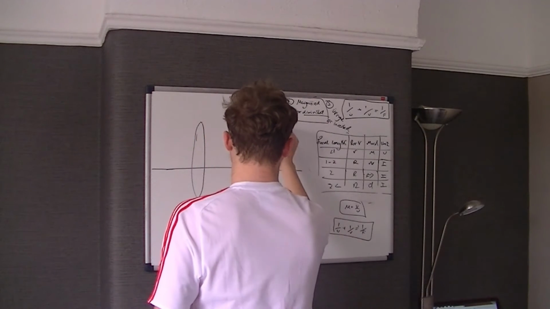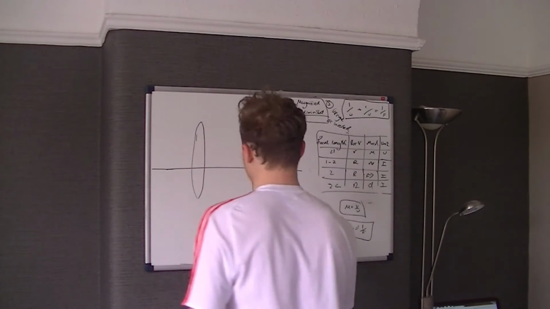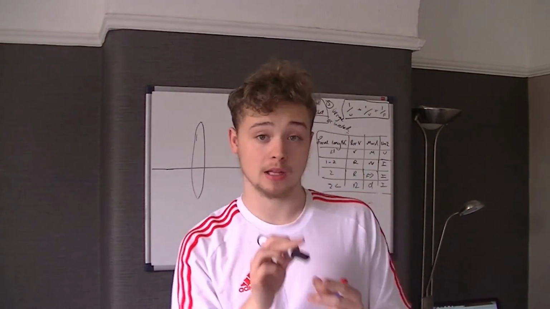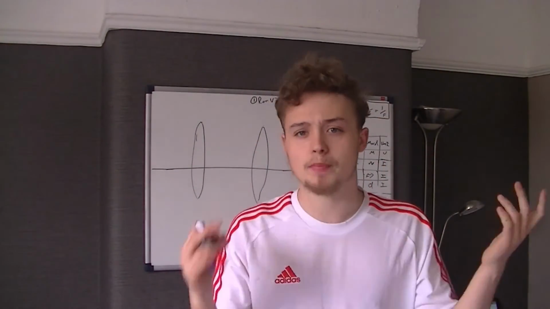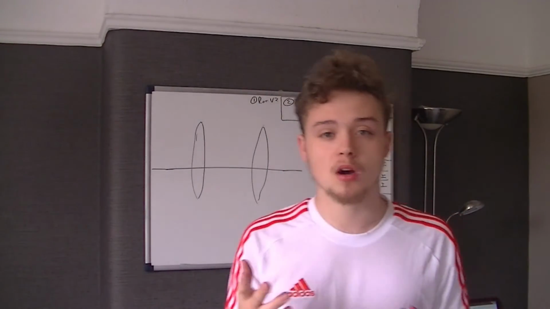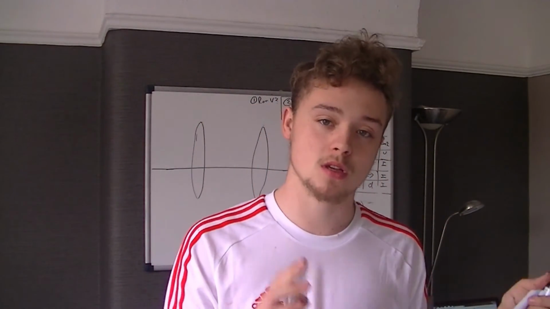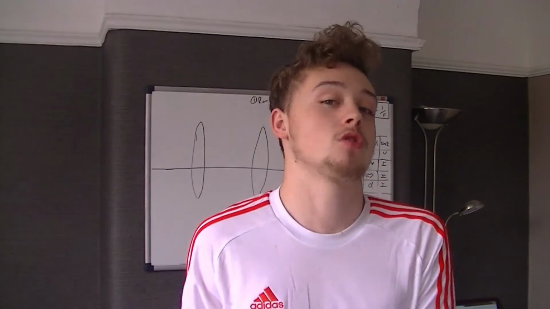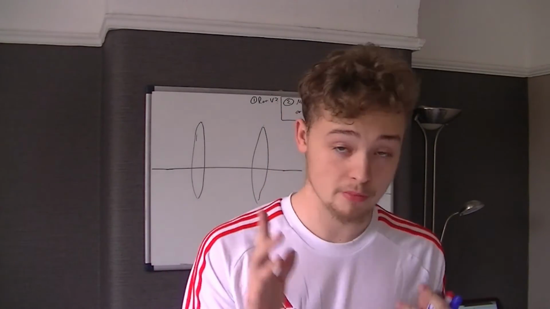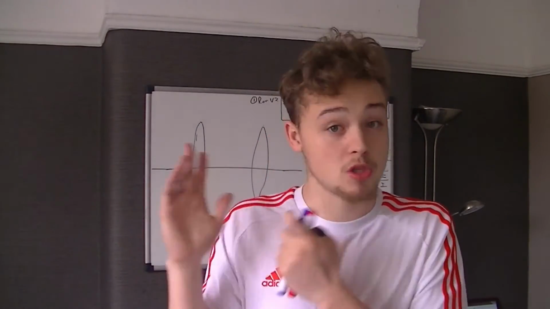I'm going to draw the light coming in parallel, so they're all parallel to each other, and that's because they're parallel if they're coming from a very far distance away. Some draw them at an angle, but the fact that these lines are parallel suggests they're coming from far away, which is the lenses that I was using before.